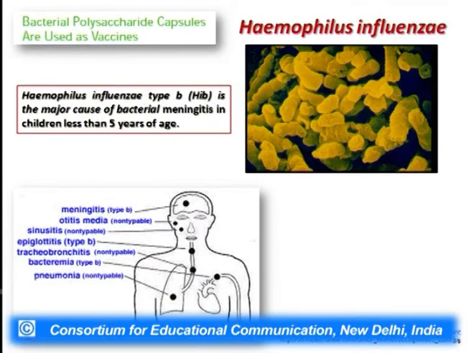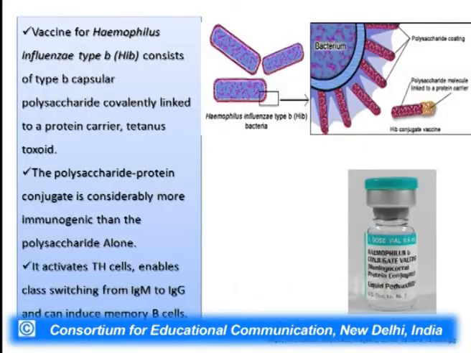It is not the complete bacteria we are using, it is only the polysaccharide capsule which we are using as a vaccine. Here, as you can see on the right hand side, there is a bacterium, and the enlarged view of the bacterium has been shown. The surface polysaccharide coating is taken out of the membrane of the bacteria. It is then linked to a carrier molecule, and that is how the vaccine is produced.